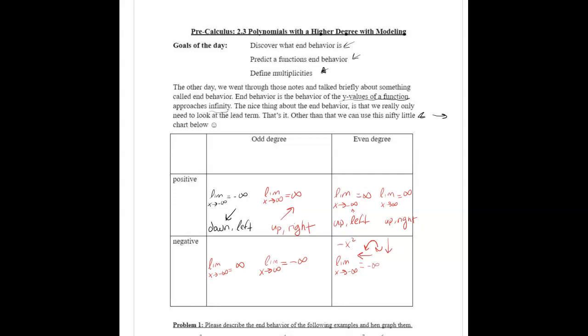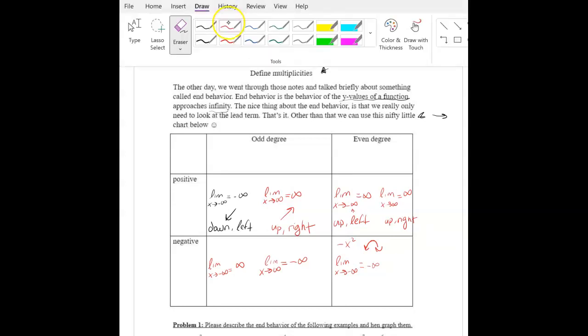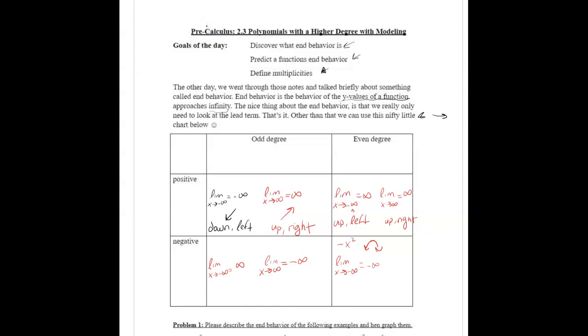And then the limit as x goes towards positive infinity, meaning I'm going to the right, is going to equal, well, it's still going down on this side as well. So it's approaching negative infinity on that side as well.